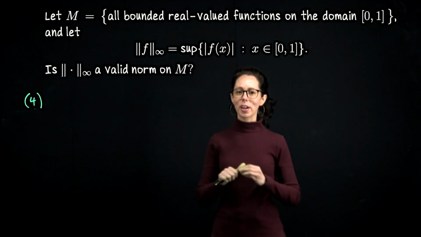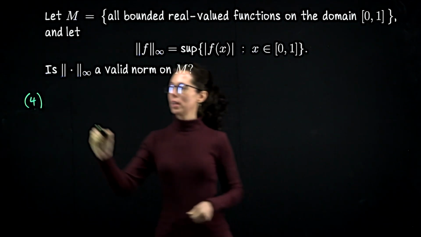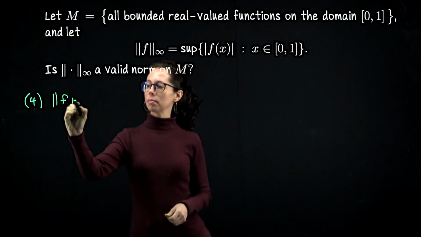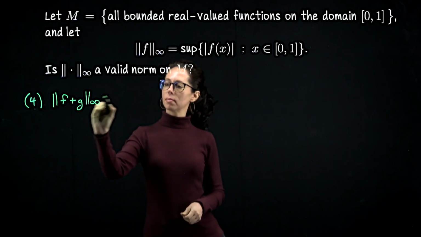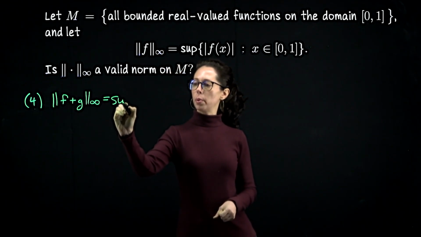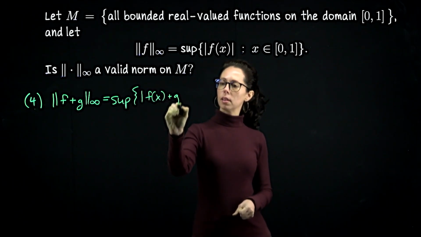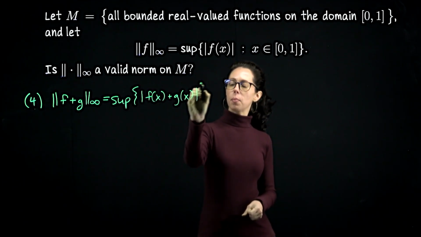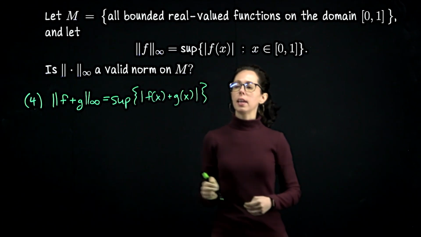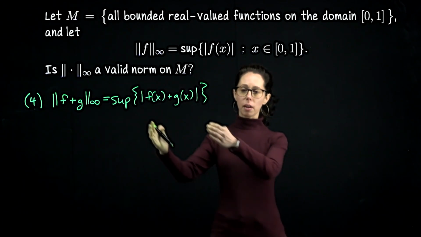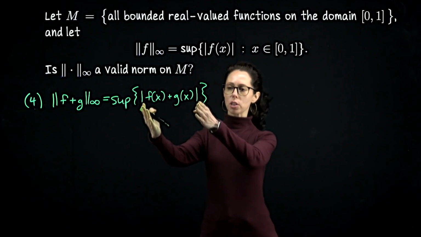Okay, let's wrap up this triangle inequality pretty quickly. So I want to do the sup norm of f plus g. That's going to be the sup of this set for each input x from the domain. This number is less than or equal to what I would get if I apply the triangle inequality to the absolute value expression in here.